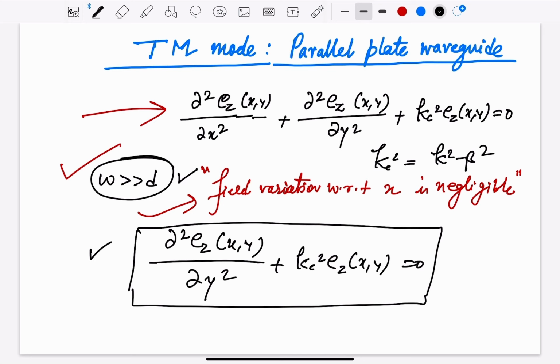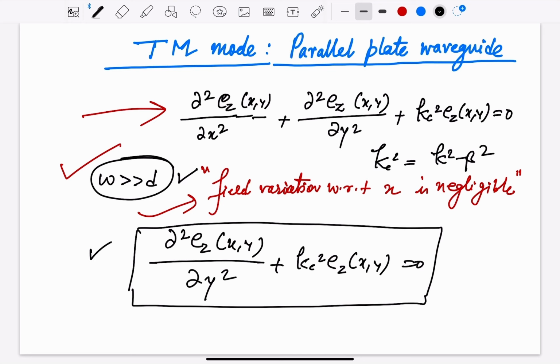Let me first write Hx, and this was j omega epsilon by kc square, dou Ez over dou y. Fine. So you can recall this here. If you differentiate with respect to y, this will be j omega epsilon over kc, A_n cos n pi y by d e to the power minus j beta z.